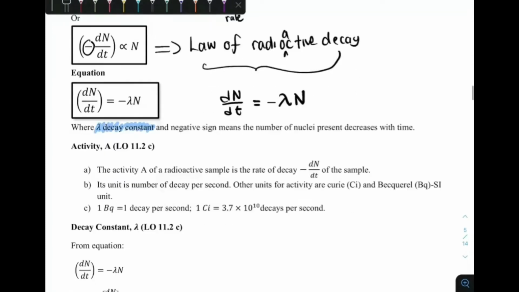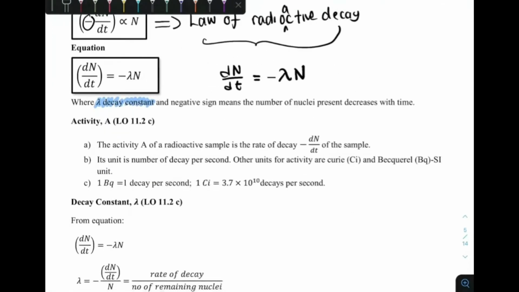Okay, so activity. Next adalah we're going to look at activity. Activity kita guna symbol A to associate activity. The activity of a radioactive sample is the rate of decay, negative dN over dt, of a sample. So dalam radioactivity kita juga akan belajar activity. Activity is very similar to rate of decay.